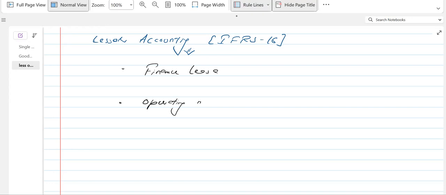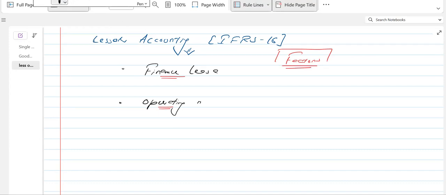So you first need to decide whether the lease is a finance lease or an operating lease. Now, how do we decide whether a lease is an operating lease or a finance lease? There were factors based on which we decide, and you need to write these factors within the exam question.